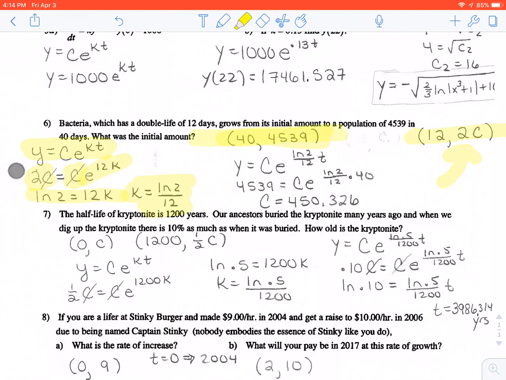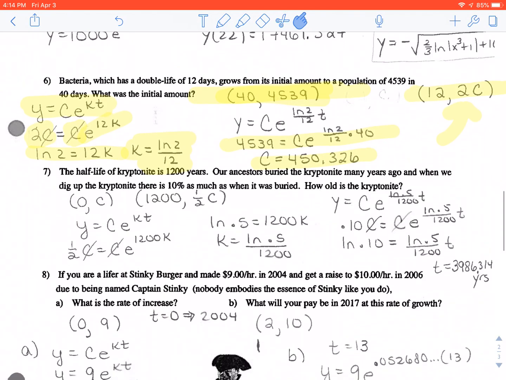Now I'm going to use the second initial condition, which was 40. At time 40, the population was 4,539, and I'm going to plug that in, and now I can find my C value. I have to do 4,539 divided by this quantity, e to the ln of 2 times 40 over 12.